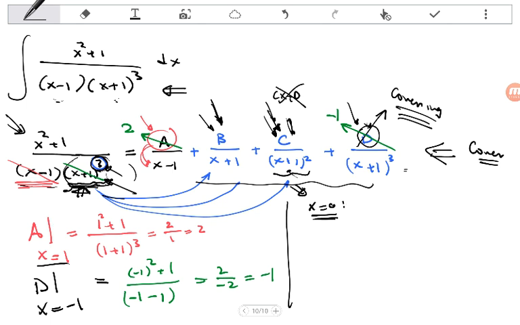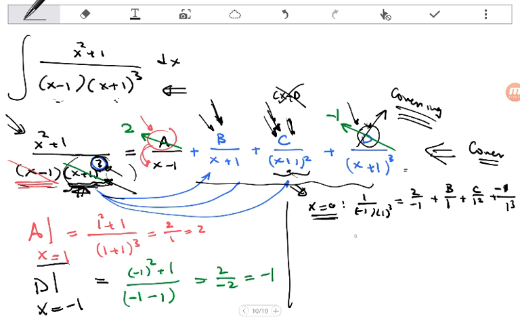I substitute x equals 0 on both sides, which gives me 1 over -1 multiplied by 1 cubed equal to 2 over -1 plus b over 1 plus c over 1 squared plus d, where d is -1 over 1 cubed.